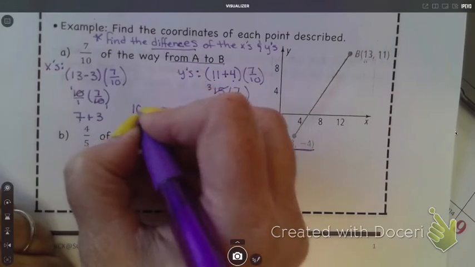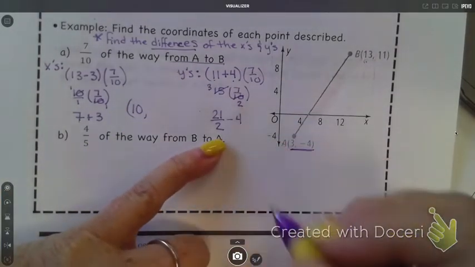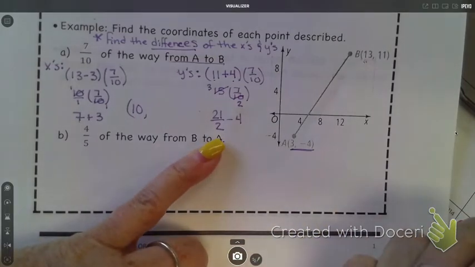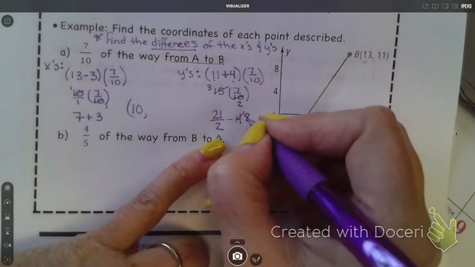That was easy, right? Now, how do we subtract fractions? We have to get common denominators. So 4 becomes what over what? 8 over 2. Yeah. So 4 becomes 8 over 2.